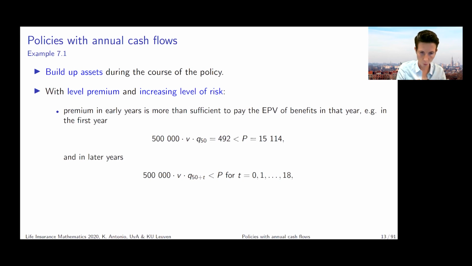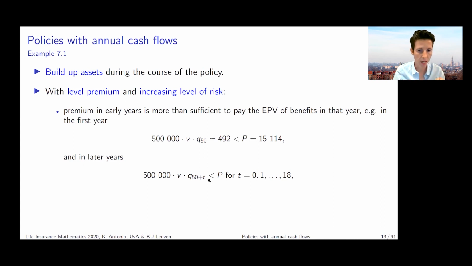That's the 1 year cover that I'm offering. And that is the EPV of such a one-year term insurance issued to a 50+t-year-old with a sum insured of 500,000 euros. And you see that again, this is smaller than the actual premium P that I'm receiving. So I'm building up a surplus.